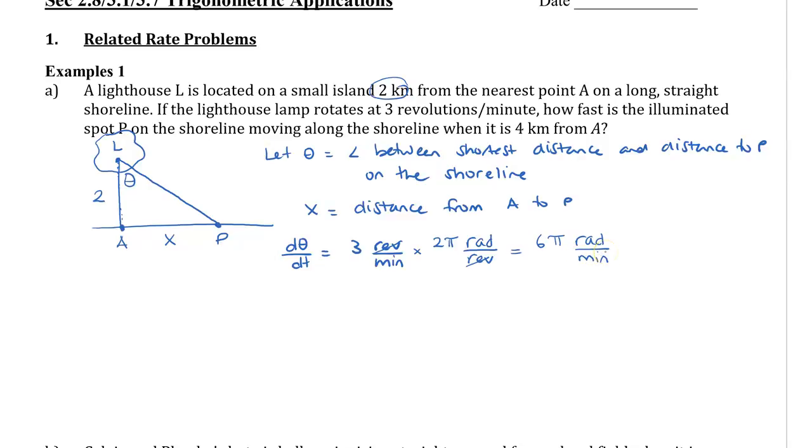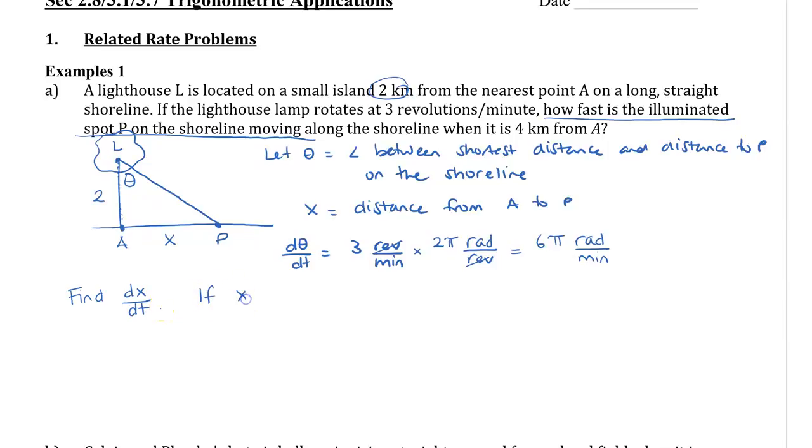Okay, so what are we trying to find? It says, if the lighthouse rotates, how fast is the illuminated spot on the shoreline moving? So that is the distance x, and the rate of x. So we want to find dx dt.